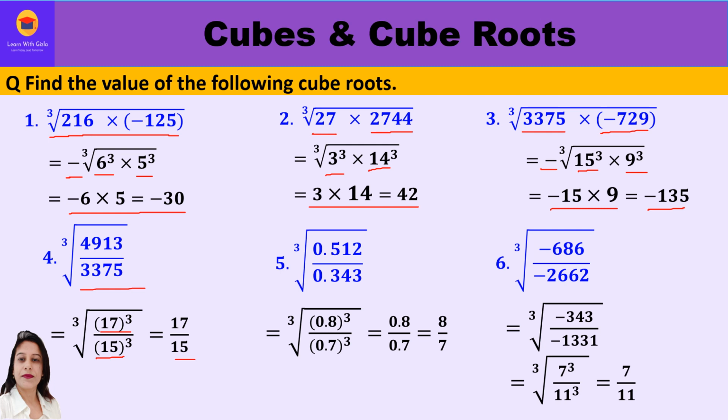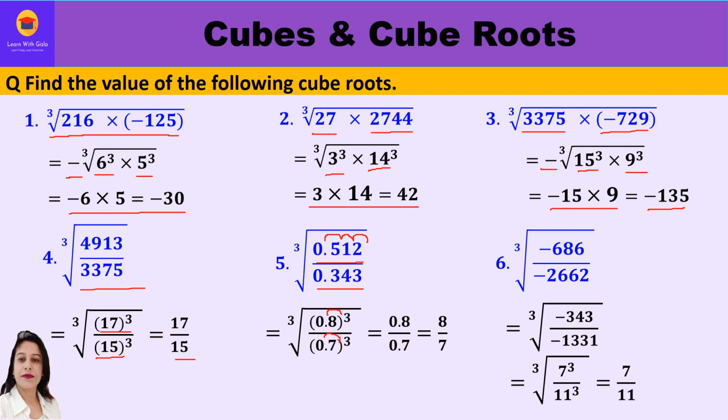Now fifth question, we have to find the cube root of 0.512 upon 0.343. Since decimal points are involved over here, we will count the decimal places. Over here there are 3 places, so in the cube root number we will have 1 place. So over here we have put 1 place of decimal. 512 is 8 cube, so we can say 0.8 cube. 343 is 7 cube, so we can say 0.7 cube.